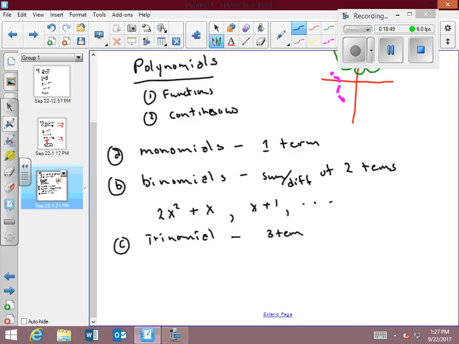We're going to have quadrinomials and hexanomials sometimes, but mainly we're going to deal with mono, bi, and trinomials. So a typical trinomial might be, and so on.